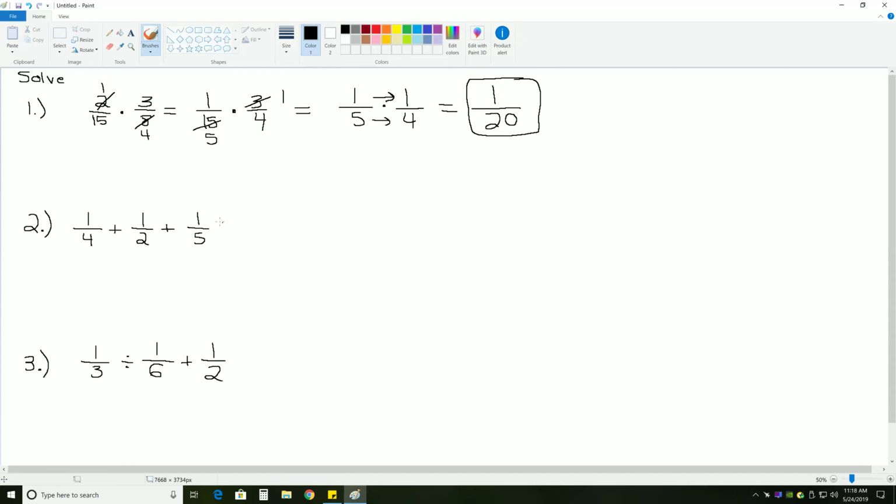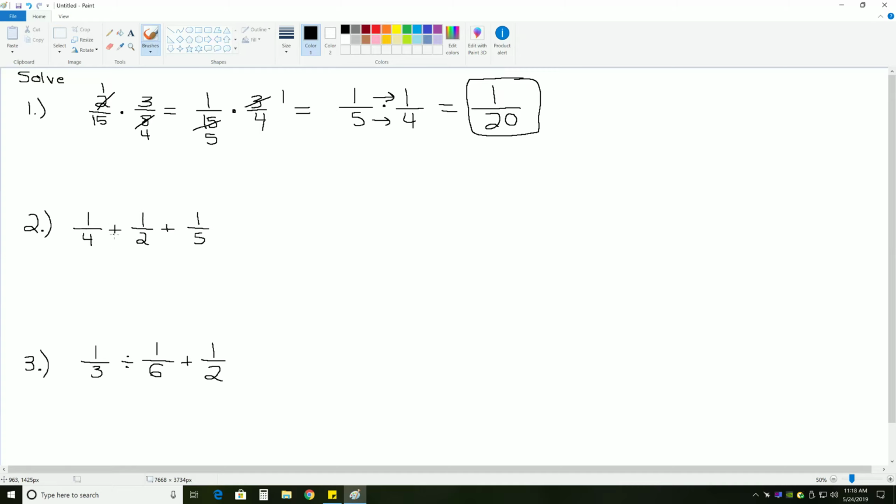Now let's try the second problem. Addition is a bit more work when you're simplifying or solving fractions. When you deal with addition or subtraction, you need your denominators to be equal. You cannot combine fractions unless you have the same value in the denominator.